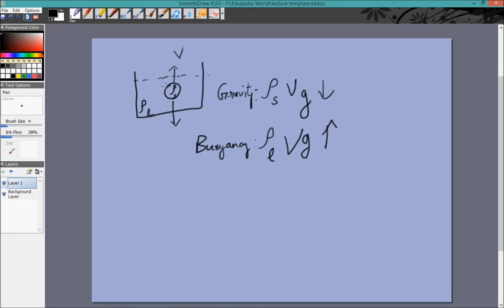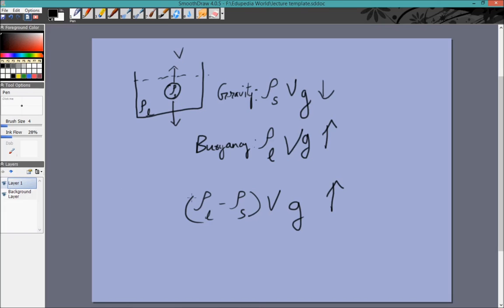So the net force acting upwards will be (rho L minus rho S) Vg. This is the net force acting on this object upwards. If rho L is greater than rho S, that means the object will experience a net upward force. That means its tendency will be to float.